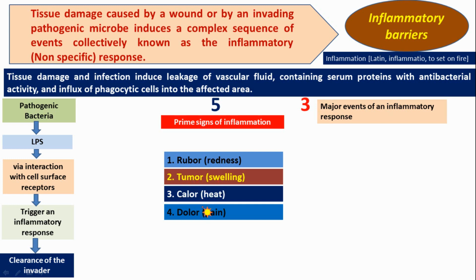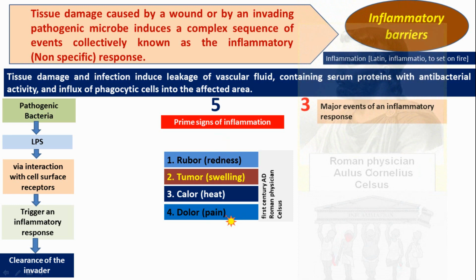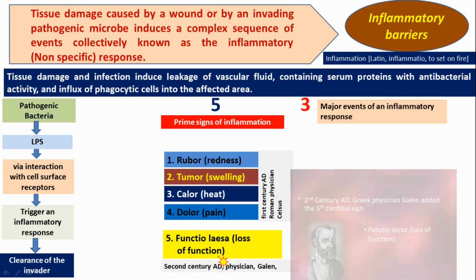These prime signs were first given by the Roman physician Celsus. So Celsus, the Roman physician, gave these 4 prime signs of inflammation. Later on, the 5th prime sign, functio laesa, which means loss of function, was introduced by the Greek physician Galen.